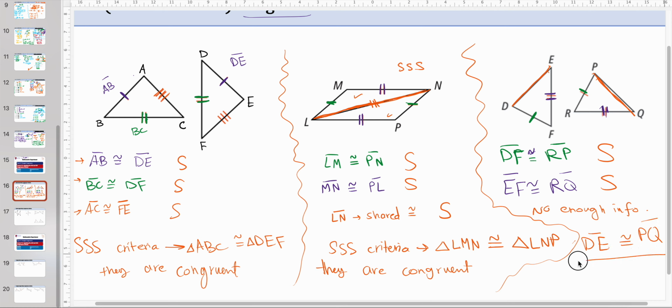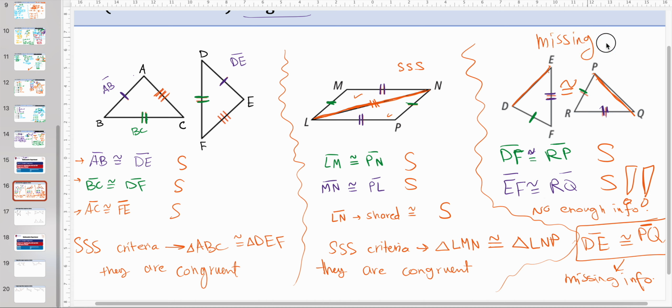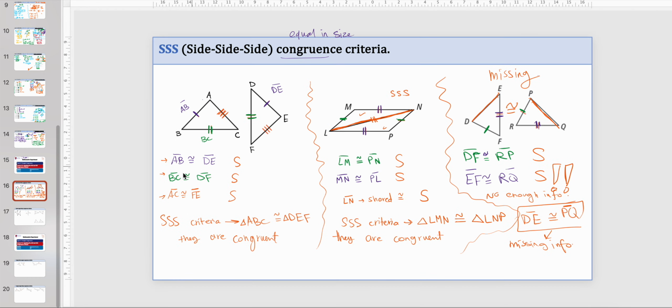This information is missing. They did not say it. If they said that they are equal, then they would be congruent triangles, but they did not say, so I cannot assume that they are congruent yet. That was the first congruence criteria, SSS.